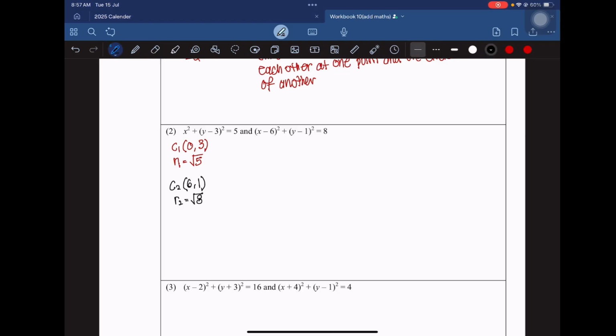D is equivalent to the square root of 0 minus 6 squared plus 3 minus 1 squared, which is going to give you 36 plus 4, which is the square root of 40, which is 6.325.